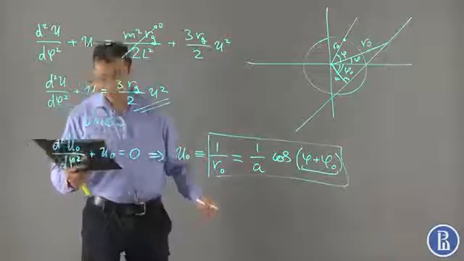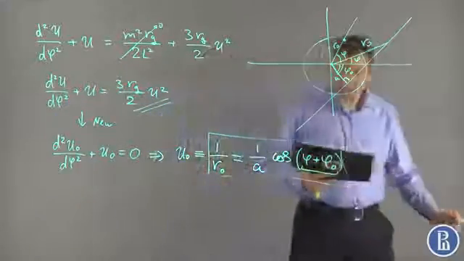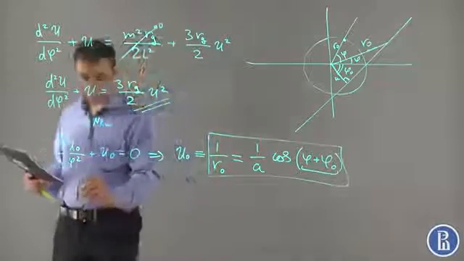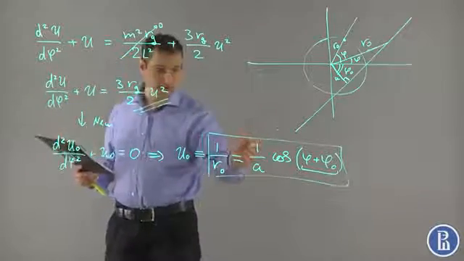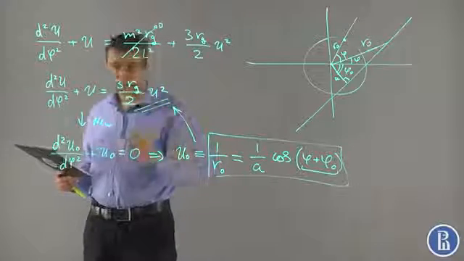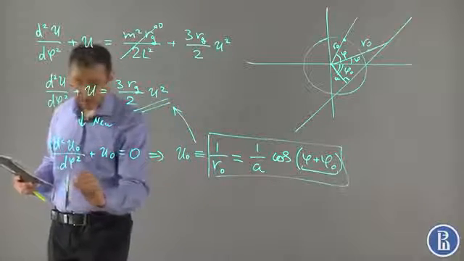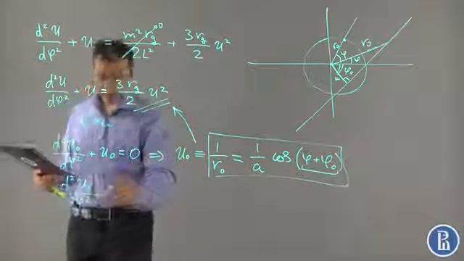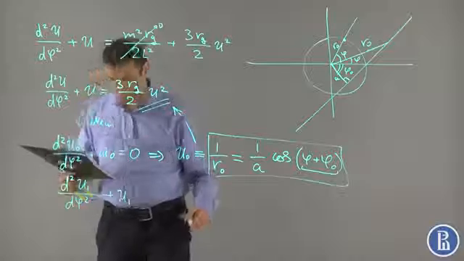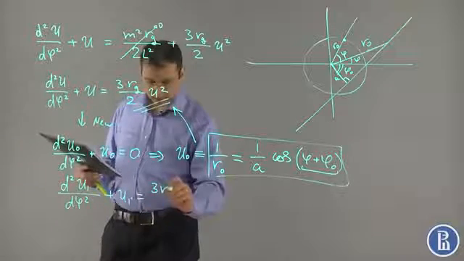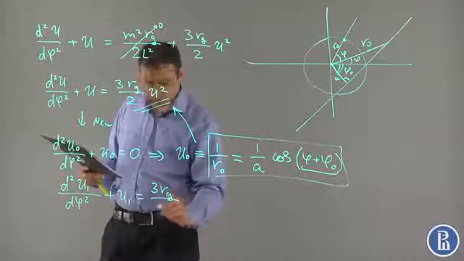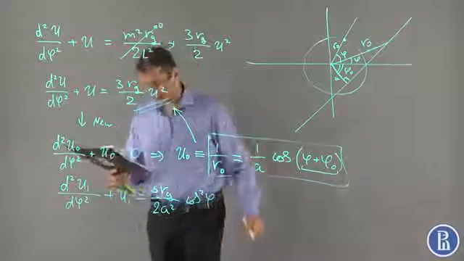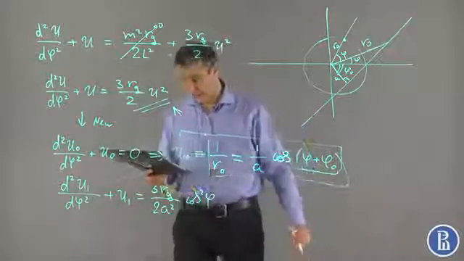Now, acting as in the case of the massive particle, we want to find u1, so we have to substitute u0 here, and then we obtain the equation for u1. So d squared u1 over d phi squared plus u1 is equal to 3rg divided by 2a squared cosine squared phi. So this is a first relativistic correction.